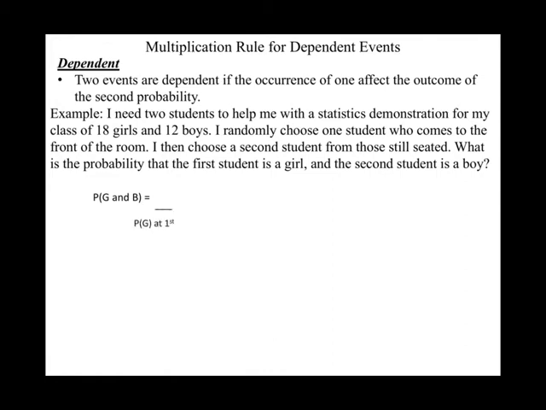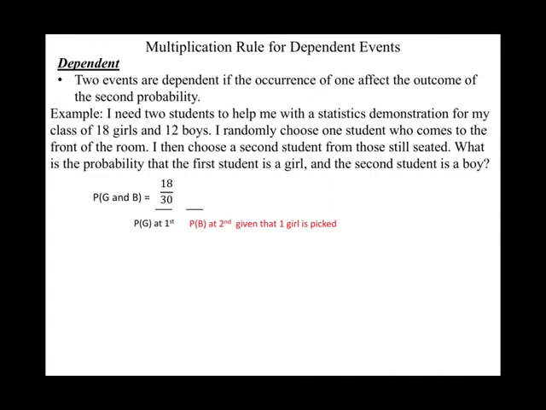Now think about it. What is the probability for the first child when you want to get the girl? We have 18 girls out of the total number of students, which is 30. So I have 18 over 30. And then the second one, the probability of a boy.